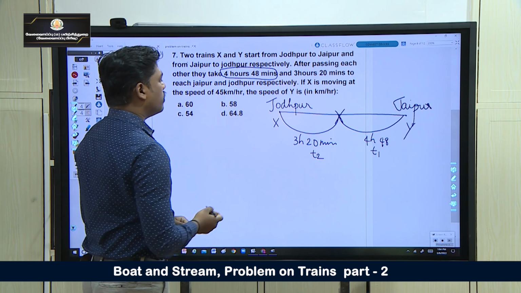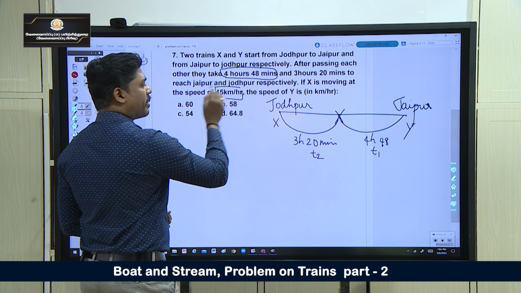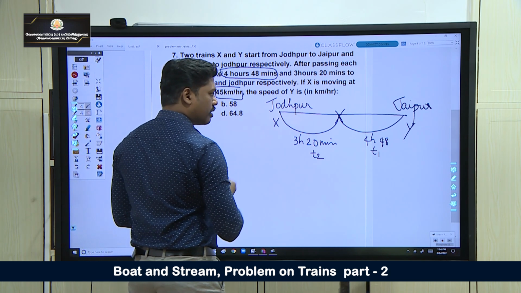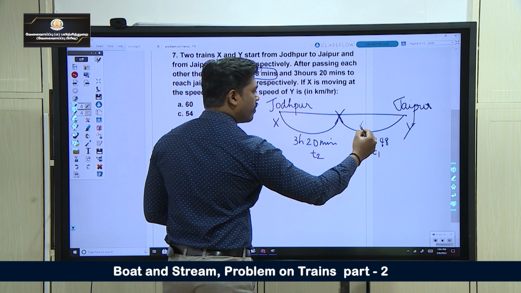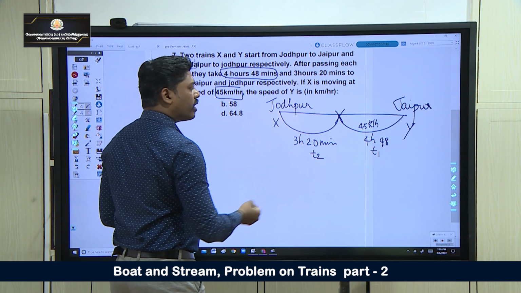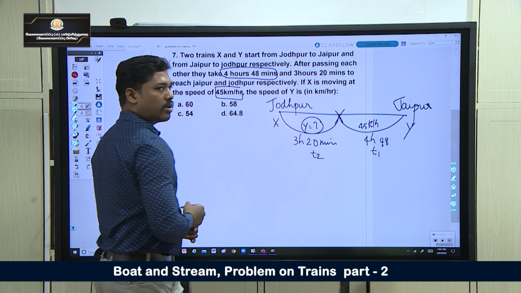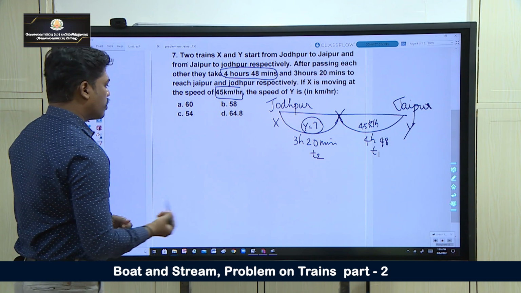If X is moving at a speed of 45 km per hour, what is the speed of Y? So what formula did we see?